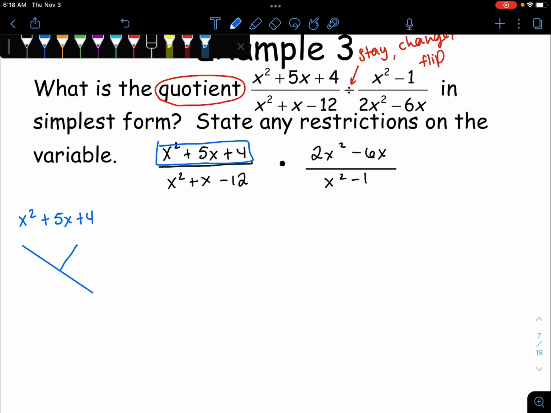Again, a is 1. A times c is 4. B is 5. 1 times 4 is 4. 1 plus 4 is 5. So I can just equal this to x plus 1, x plus 4.